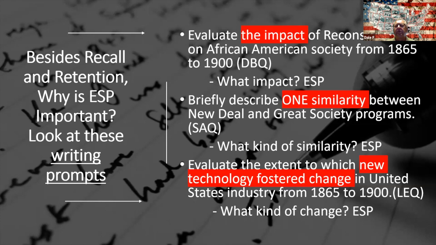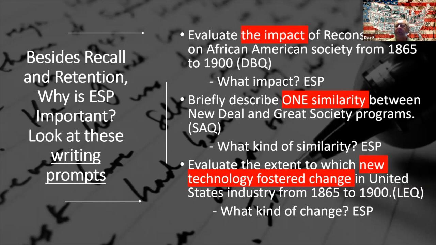And finally, evaluate the extent to which new technology fostered change. And again, what fostered change? What kind of change in the United States from 1865 to 1900, which was a long essay question? Economically, socially, and politically. And so you think about, for example, the Transcontinental Railroad.